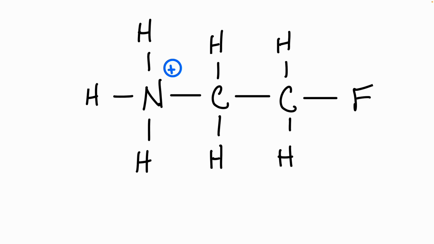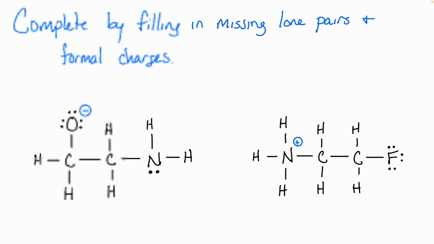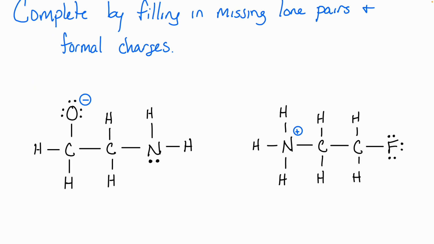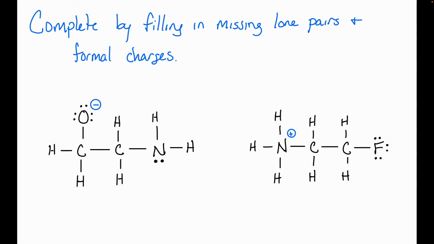All right, my halogen here, fluorine, has 1 bond, so I'm going to need to complete its octet with 3 lone pairs. And that would be a formal charge of 0. That's fluorine's happy state right there. Okay? So filling in these missing lone pairs and formal charges, making sure that we can recognize when we have a formal charge is going to be important.